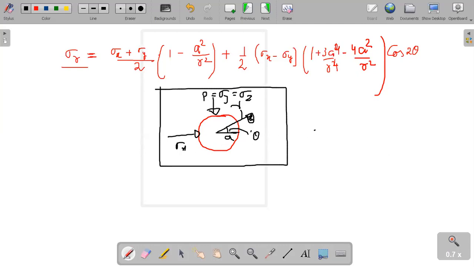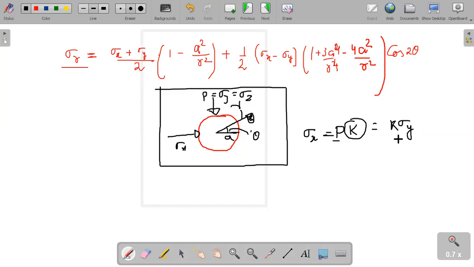And what is sigma x? P into k. K is the multiplier factor, meaning k into gamma into h. What is p? P is the sigma y, right? Yes, sir.